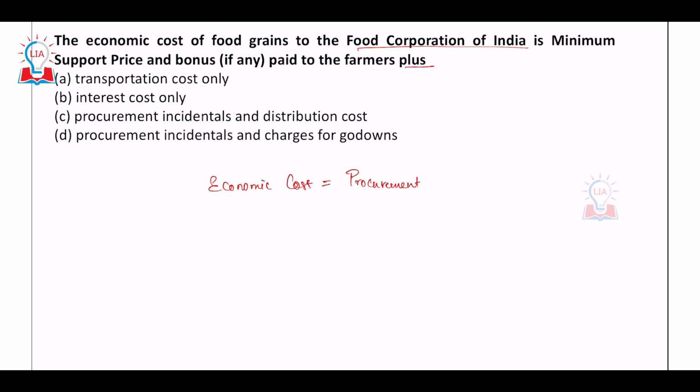One is the procurement cost. The second one is procurement price, right? And also you have the distribution cost.